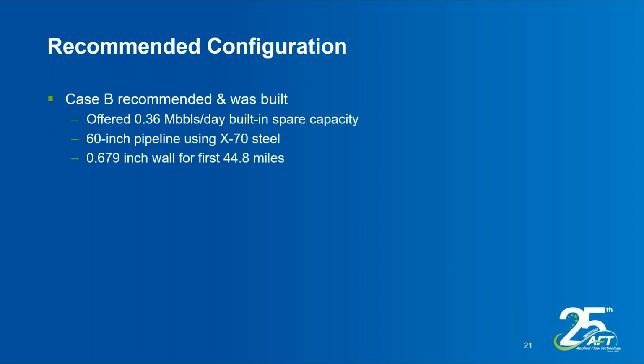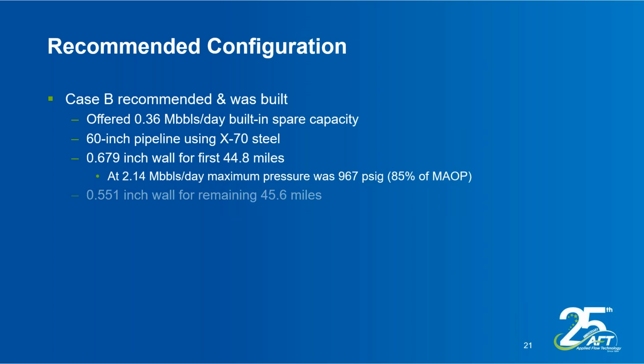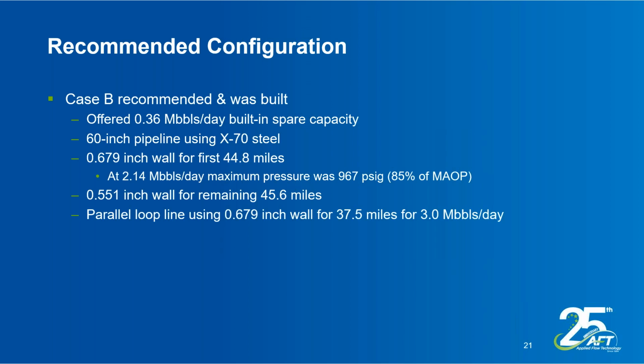The first 45 miles was about 0.7 inches for the wall thickness, and this is what the maximum pressure was at their original flow rate, and then 1/2 inch wall thickness for the remaining pipeline.